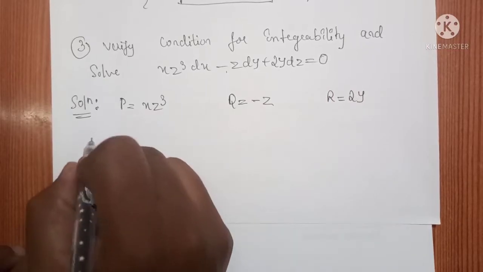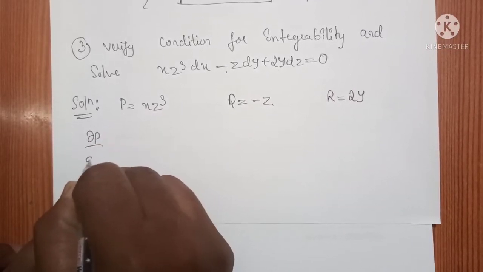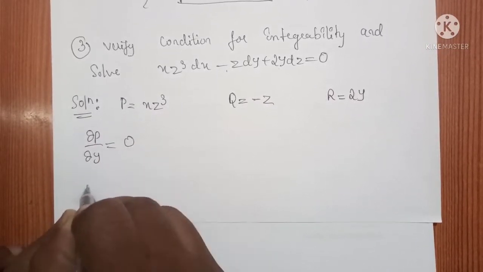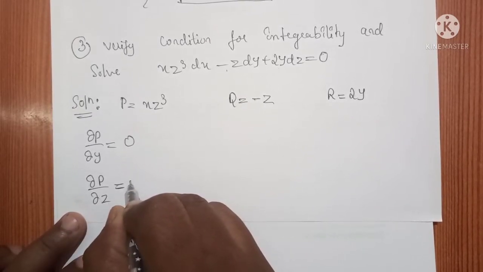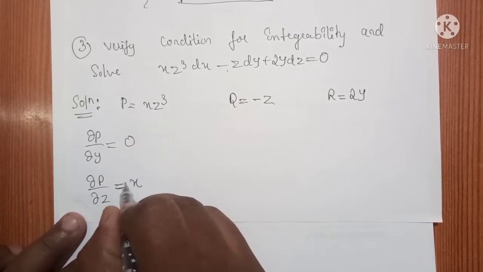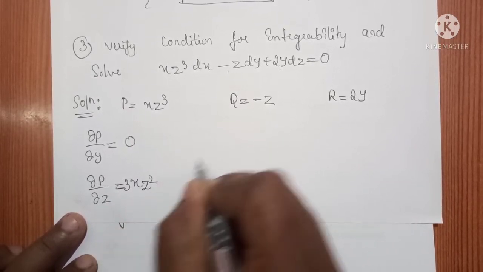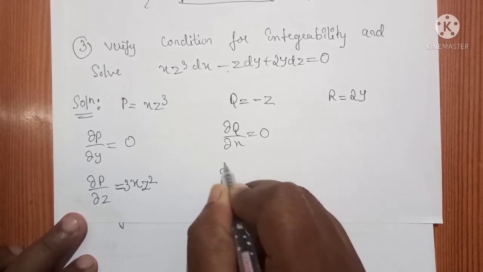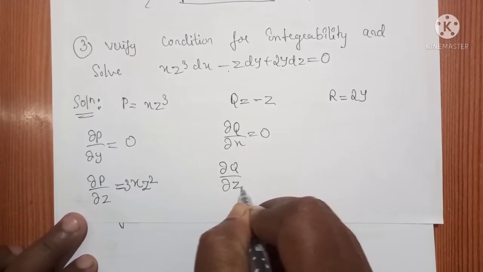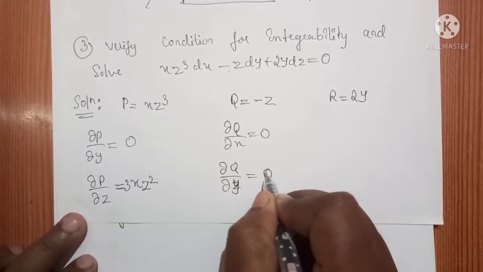Now, dou P by dou y is 0, dou P by dou z equals x taken outside, z cube differentiation is 3z square, dou Q by dou x equals 0, and dou Q by dou y equals 0.